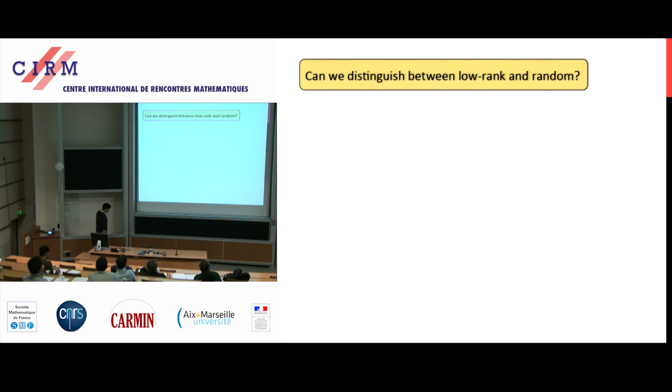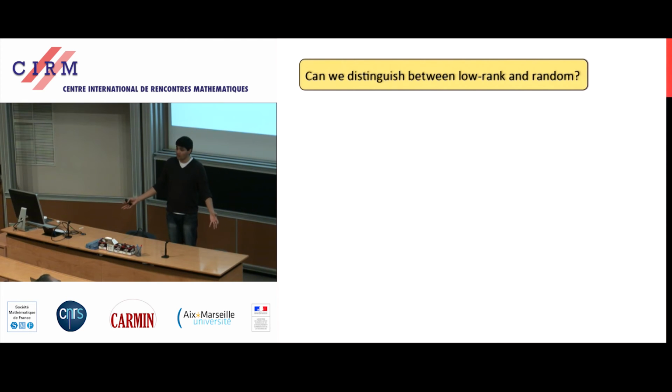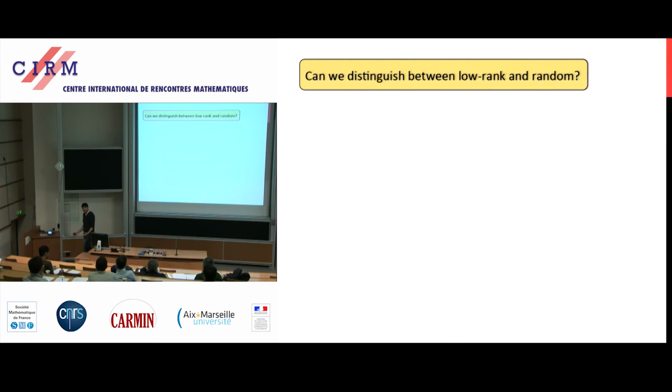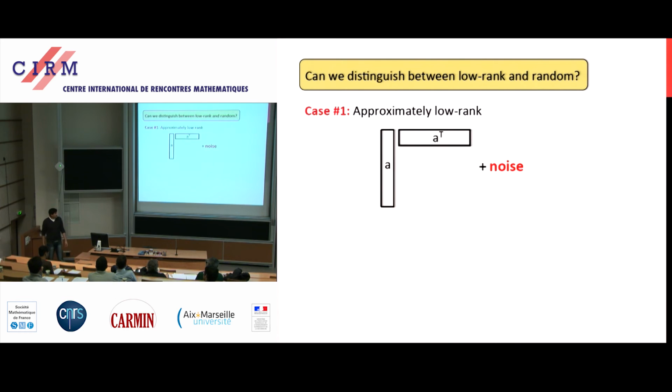All right, so let me do a much simpler example. Forget matrix completion. Let me give you the following even simpler problem, which you clearly have to be able to do if you can do something interesting. Can you distinguish, in a hypothesis testing problem, whether it's low rank but a little bit noisy, or complete random garbage? So case 1 is approximately low rank.